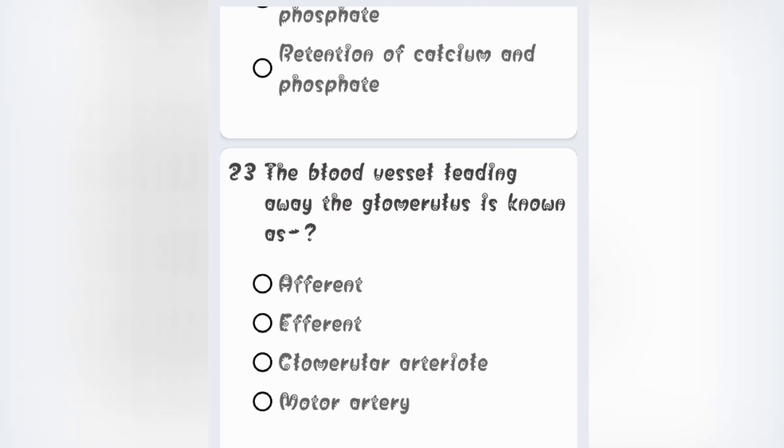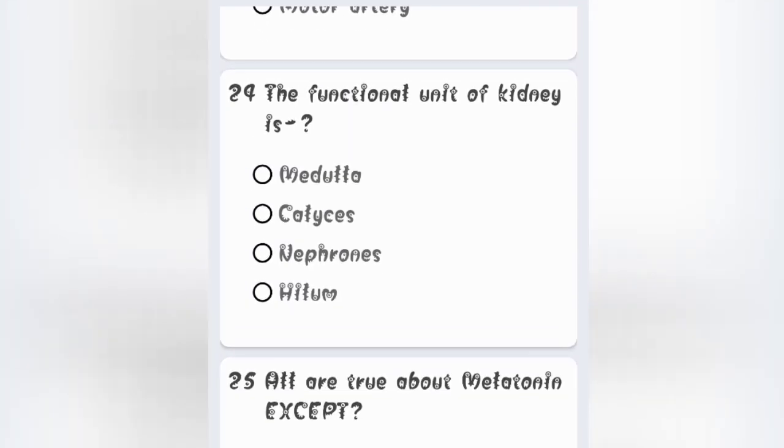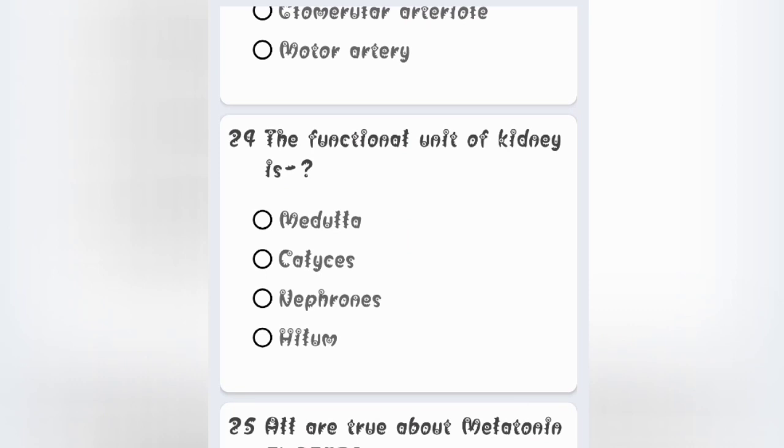The answer of this question is efferent, option B. Next question. The functional unit of kidney is: option A, medulla, option B, calyces, option C, nephrons, and option D is hilum. The answer of this is option C, nephron.